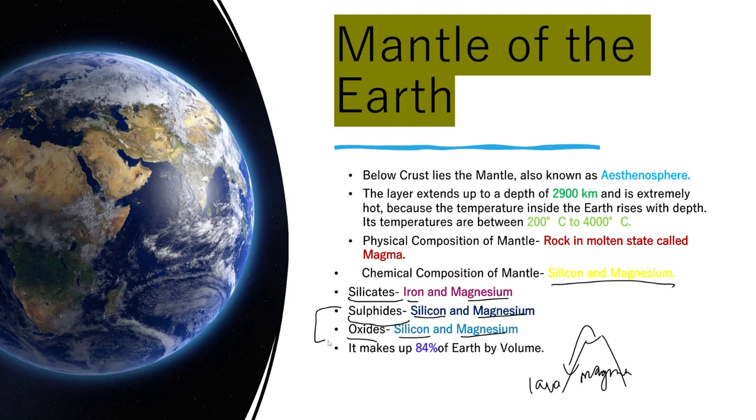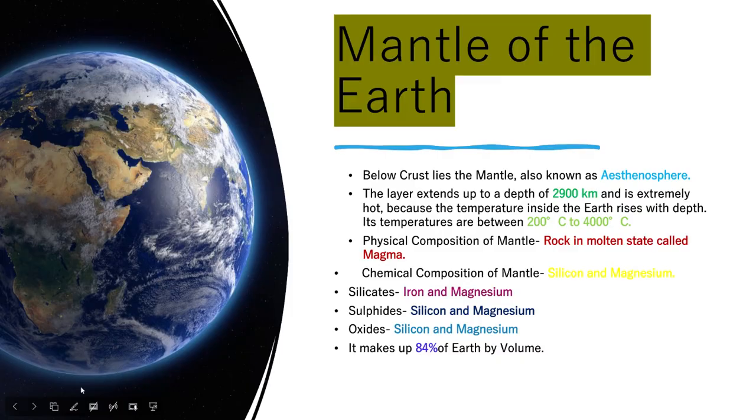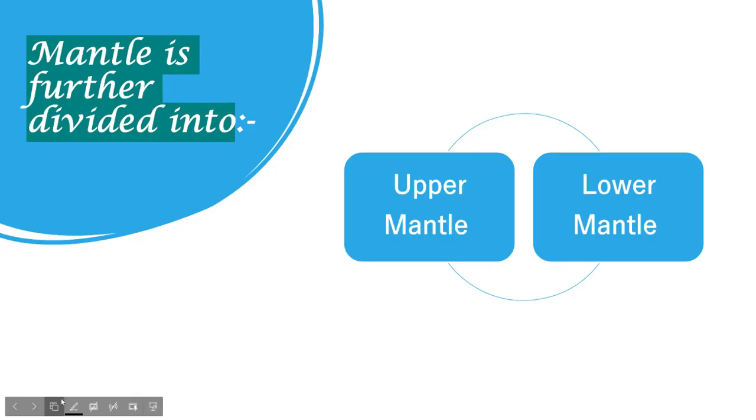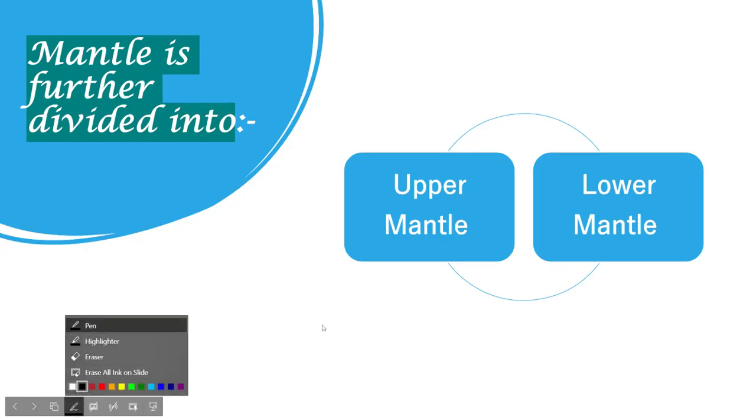So sulfides and oxides are the same, but the silicates are a bit different, as they have iron. It makes up 84% of Earth's whole volume, so it's really big, and it's the thickest layer of all the other layers. Really cool, right? The mantle is further divided into upper mantle and lower mantle.